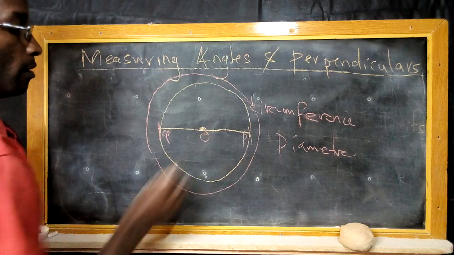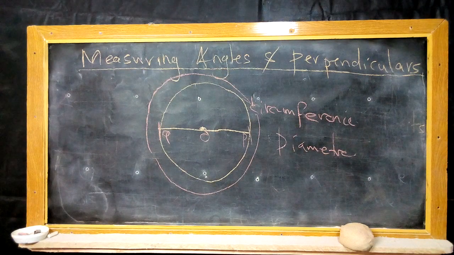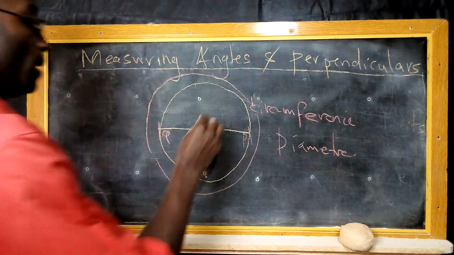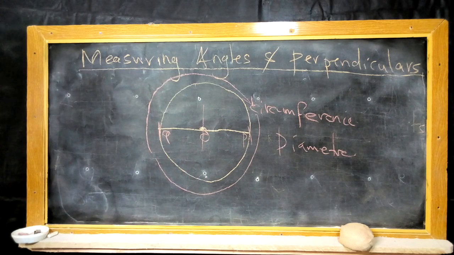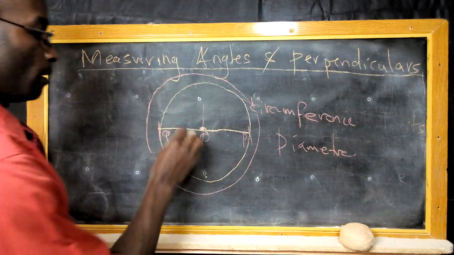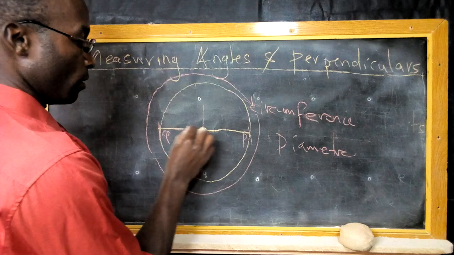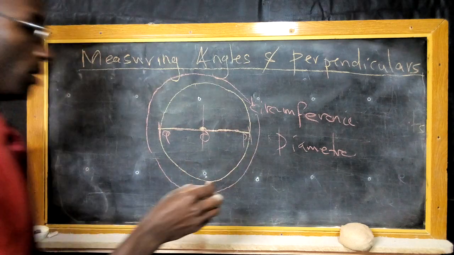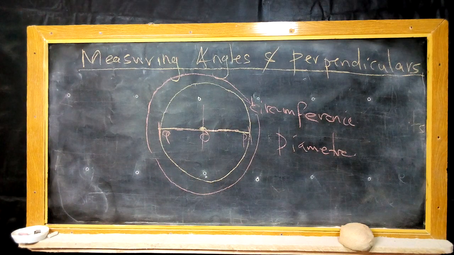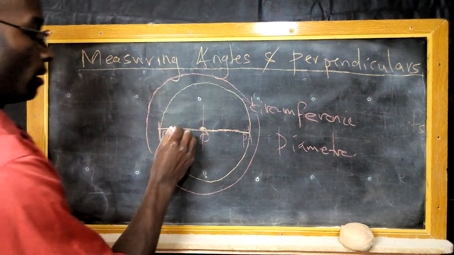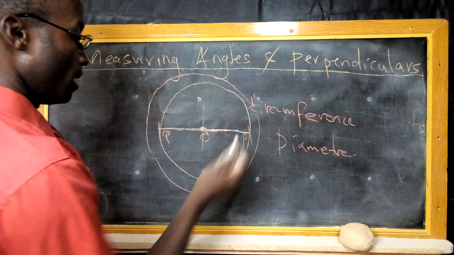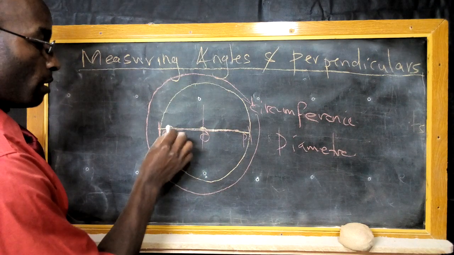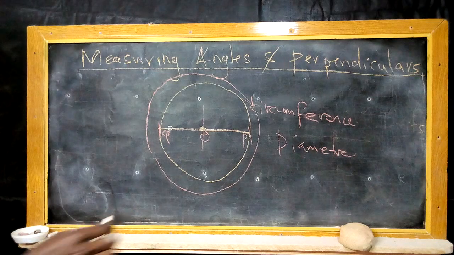And if this is point O, then angles are measured from this point, in that this line coincides with the line of the measuring instrument that we call a protractor. Of course, it's a geometrical tool that is used to measure angles. So you bring a protractor and put the horizontal line to coincide with this, so that the 0 mark for measurement of angles starts at that point, and we measure that.